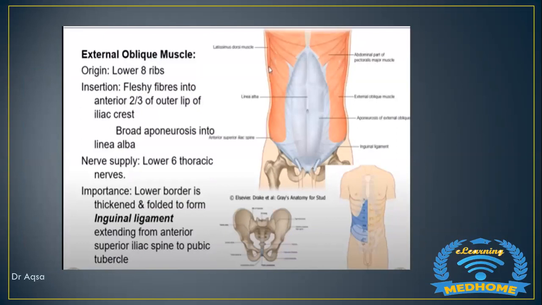Its function is that it flexes the trunk, and the function of all of these muscles is to protect the viscera as well. It also has a role in the formation of the inguinal ligament, because the inguinal ligament is formed from the condensation of the external oblique aponeurosis.